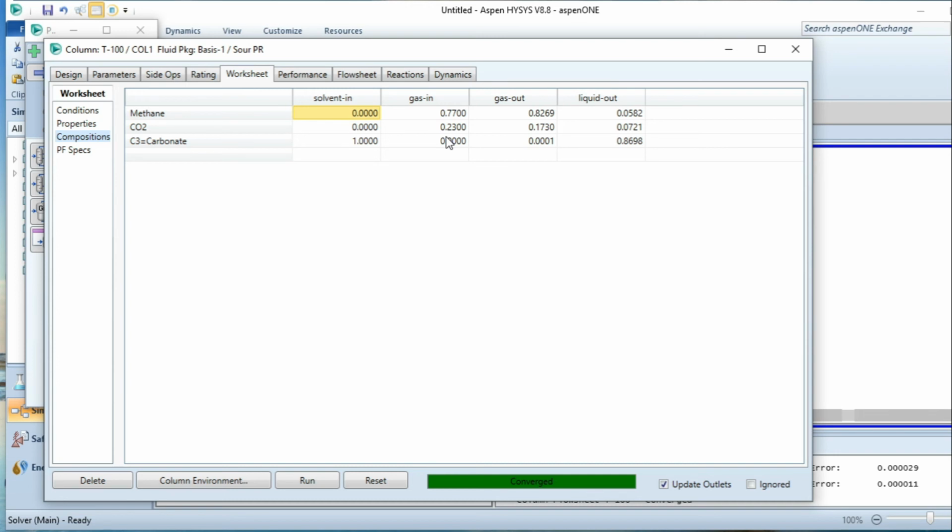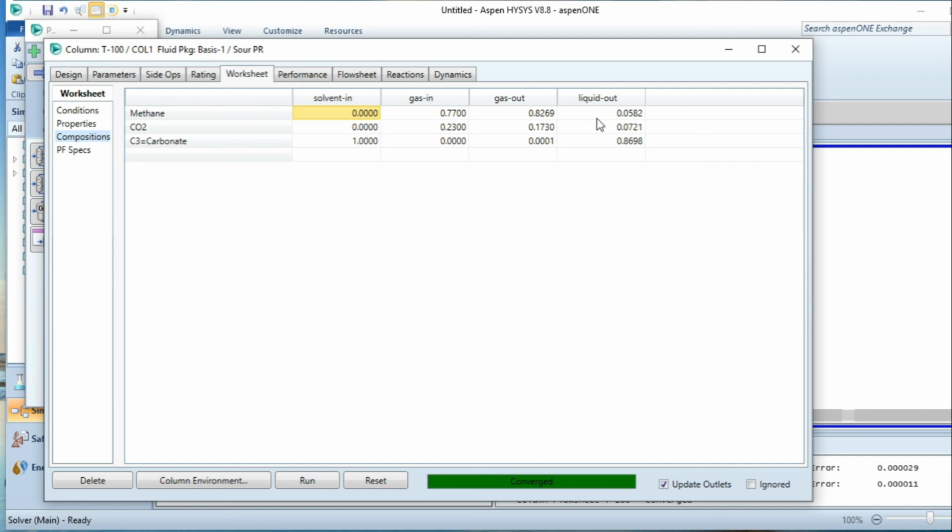Methane contains 77 mole percent and carbon dioxide contains 23 mole percent. In the gas out, methane has a higher ratio, followed by carbon dioxide, then the least is propylene carbonate. In terms of liquid out, the ratio of propylene carbonate has to be higher than its counterparts, methane and carbon dioxide.